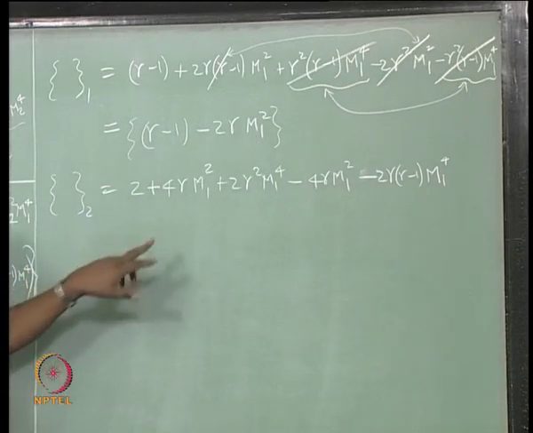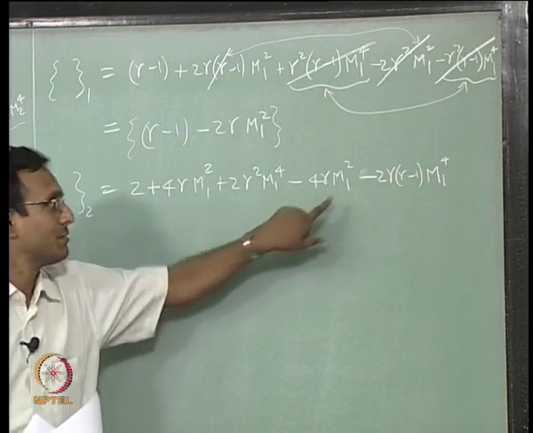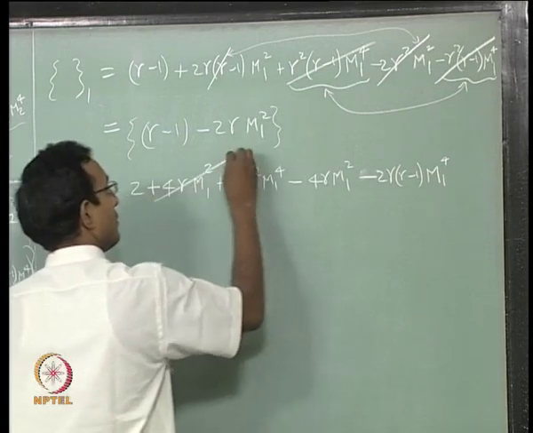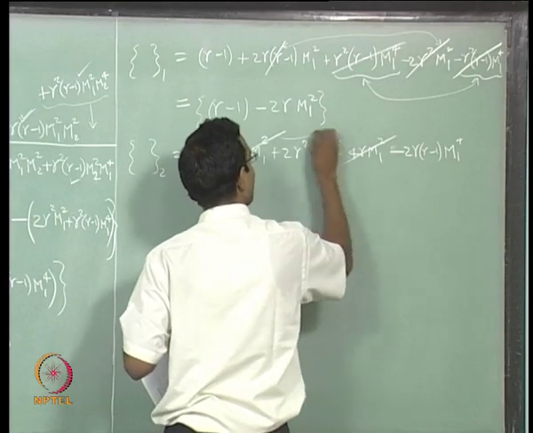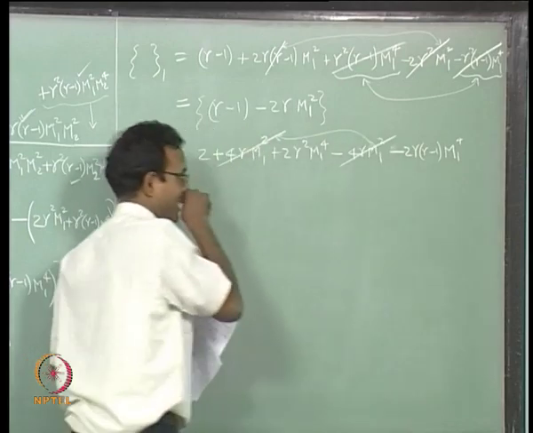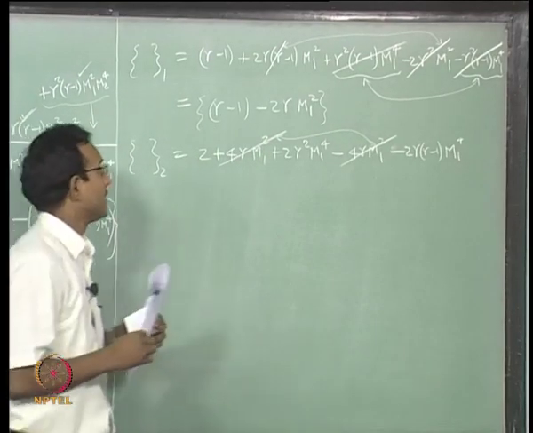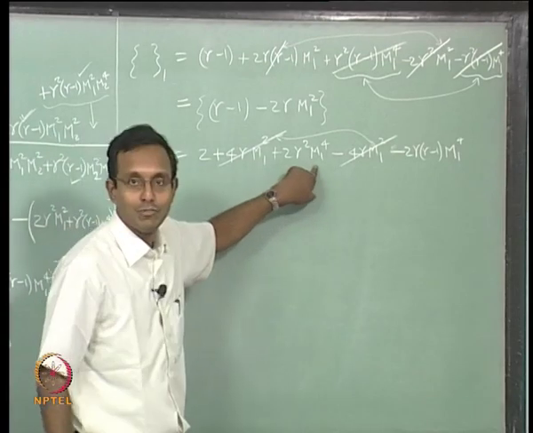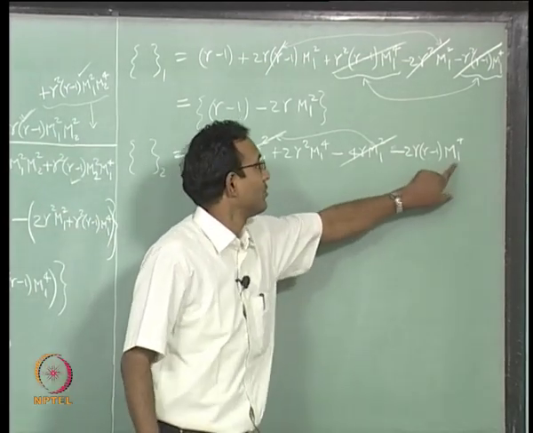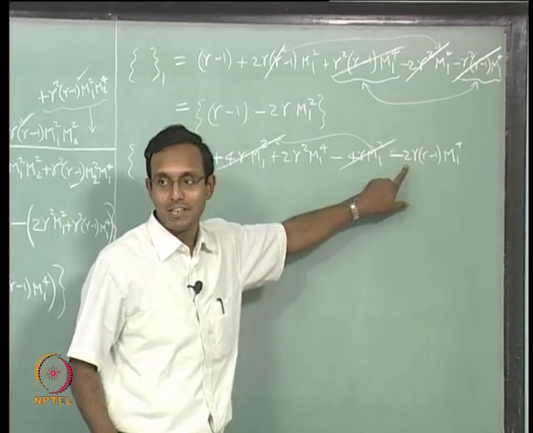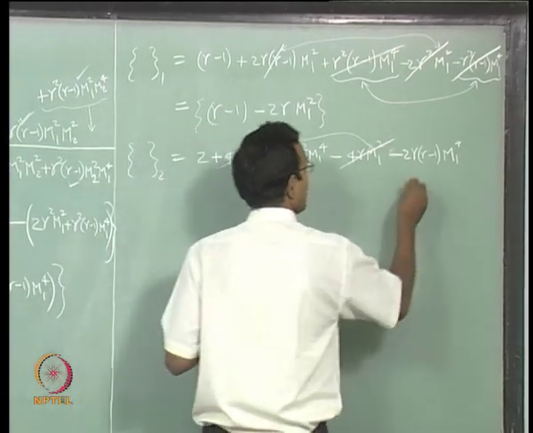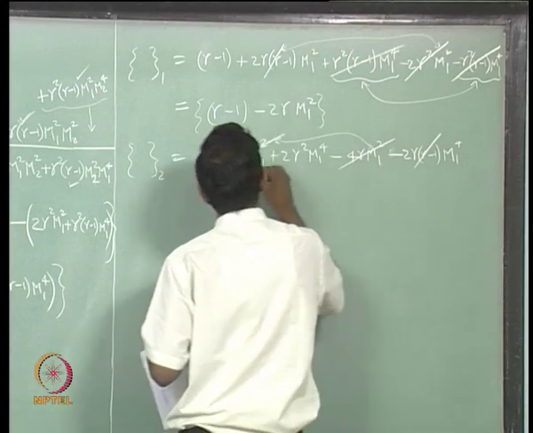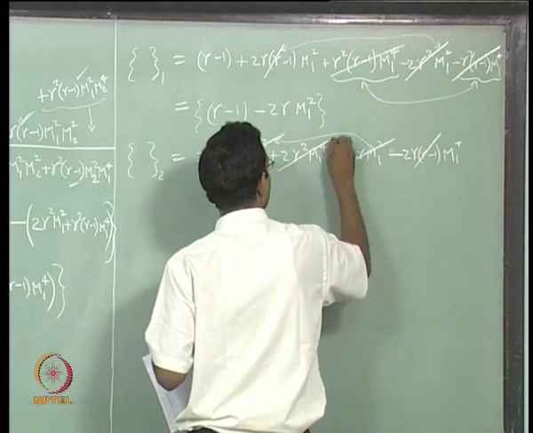If I look at this one, I can directly cancel 4 gamma m1 square with 4 gamma m1 square. I will again keep that connection line so that we know we are cancelling correct terms. And then now I am seeing 2 gamma square m1 power 4, 2 gamma square m1 power 4. Of course, the minus 1 times 2 gamma is still remaining. So I will just cancel this with this.